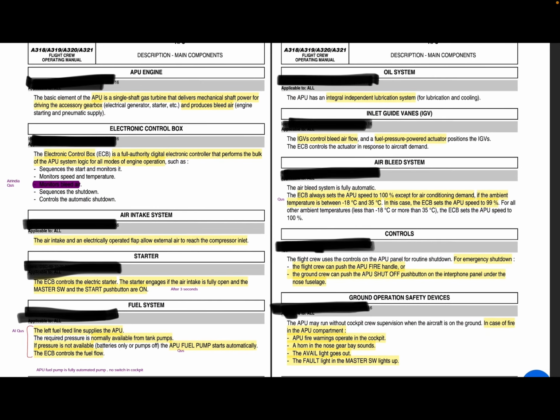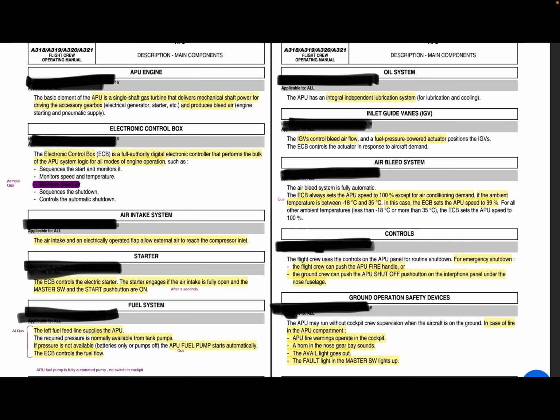Now, what is ECB, electronic control box? ECB is similar to FADEC, which is full authority digital electronic controller, which is used in engines, to main engines. So in APU we have ECB. What does ECB do? It controls everything like FADEC does in engines. So it monitors bleed air.